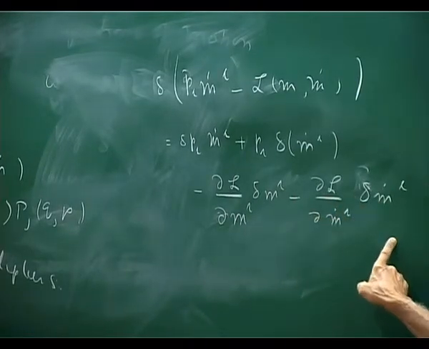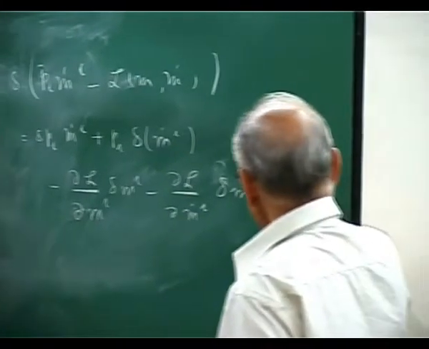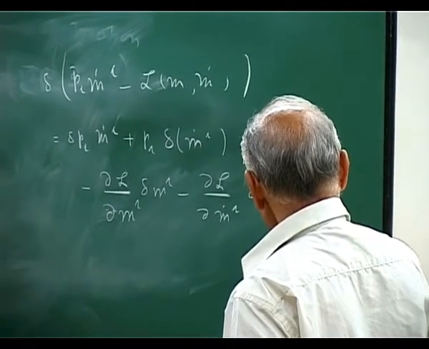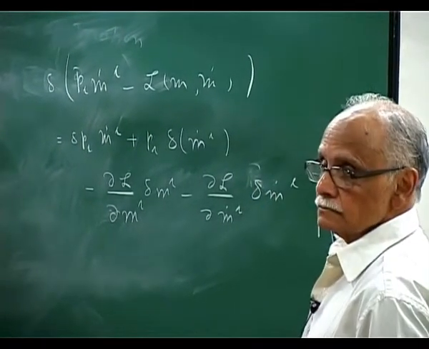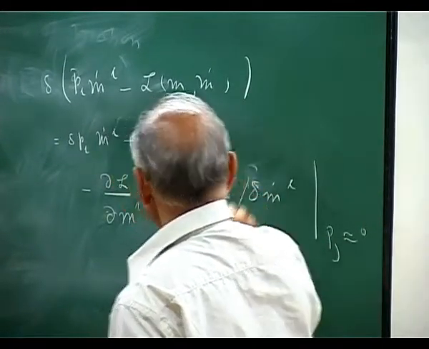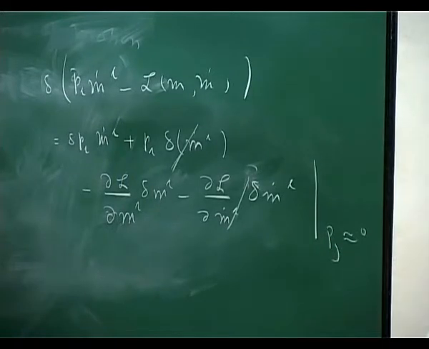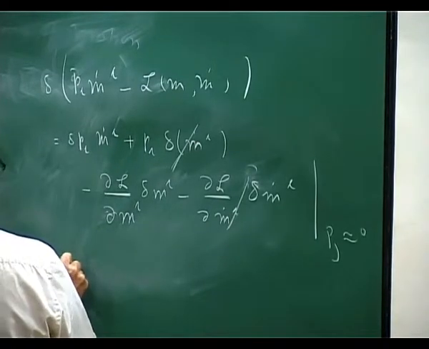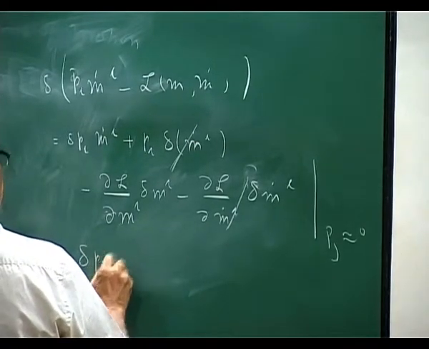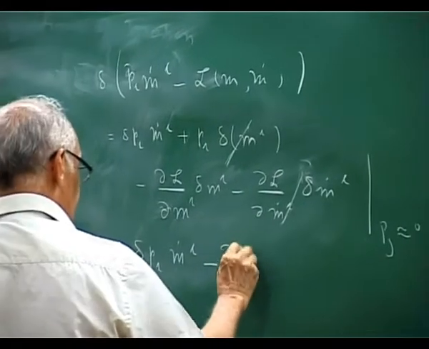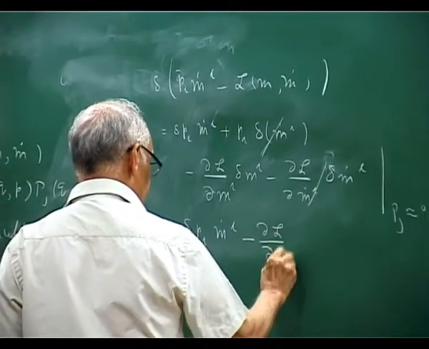But on the image of the Legendre map, so on the surface Pj is 0. On this surface, this term cancels with this. Otherwise, it will not cancel. So we are left with delta pi m dot I minus dl over dmi delta mi.